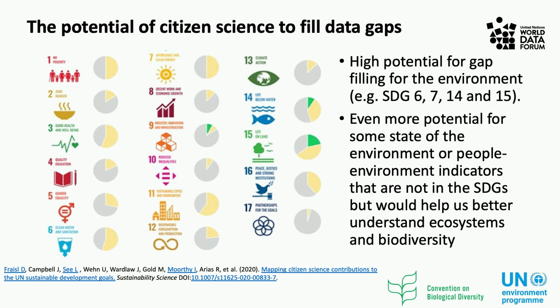What the figure is showing here is that for some of the indicators shown in green in those little pie charts, there is already citizen science that's contributing. This includes the key biodiversity area indicators, where we have citizen science contributing, and a few others. And then the yellow is showing us where citizen science could be contributing.